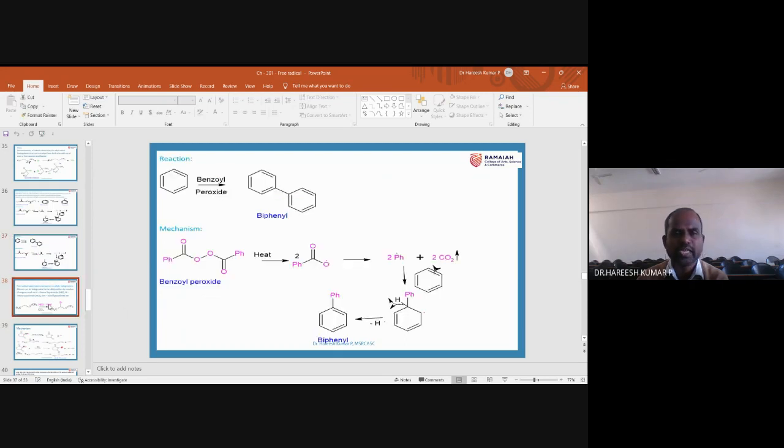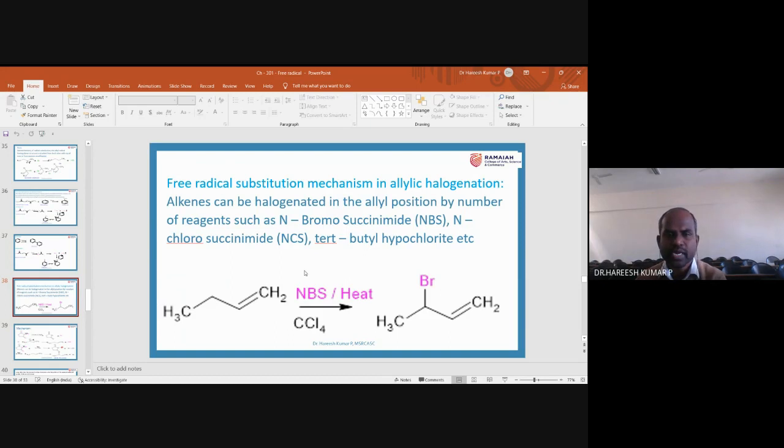Next slide, I am taking free radical substitution mechanism in allylic halogenation. So C=C, CH2 group. Up to this group is called allylic position. This carbon is allylic carbon, this proton is allylic proton.